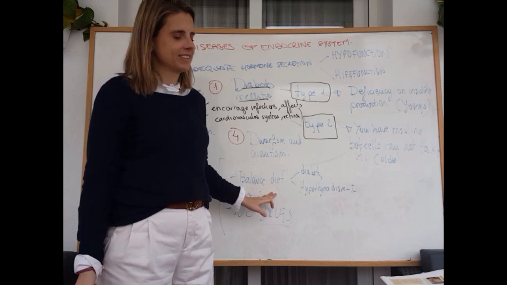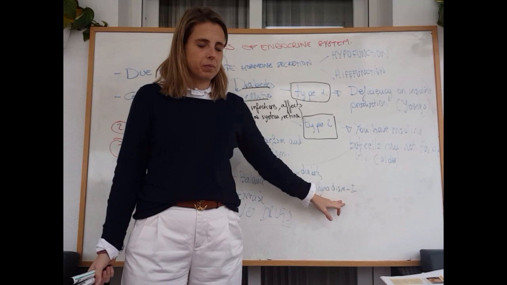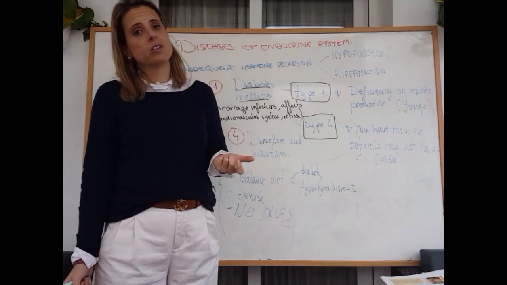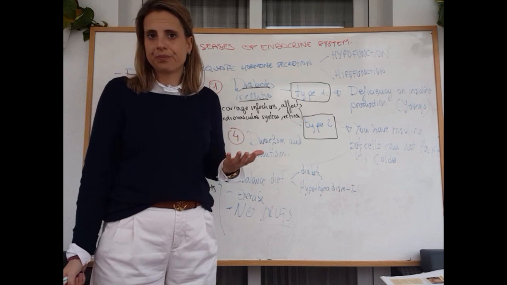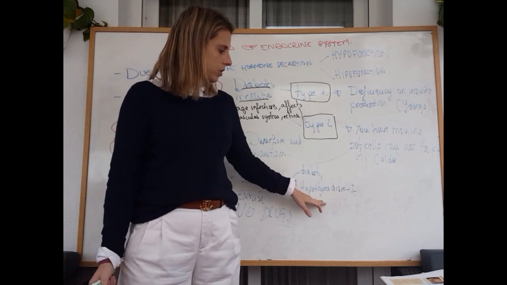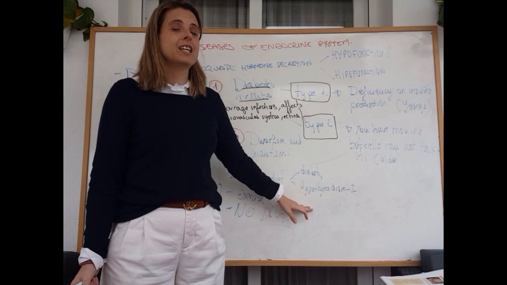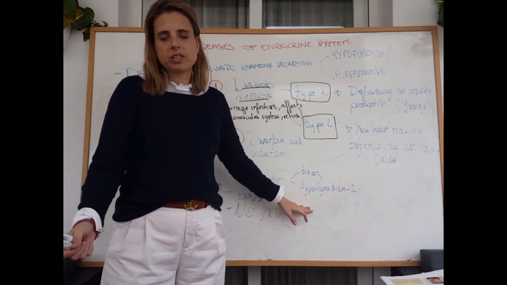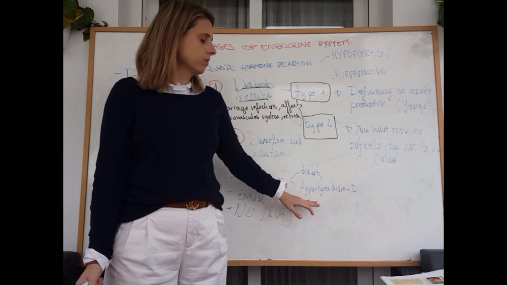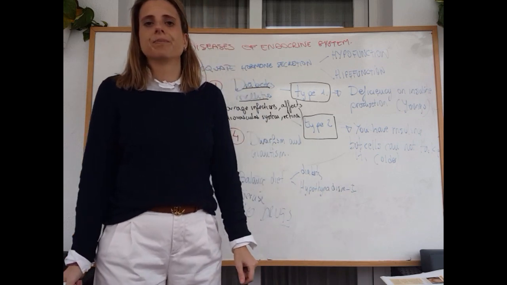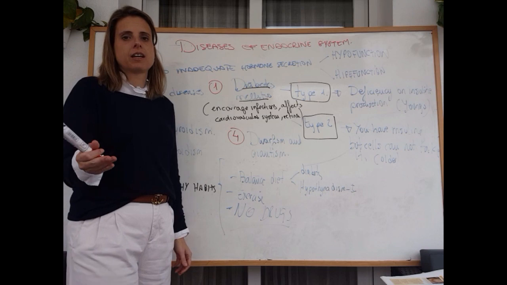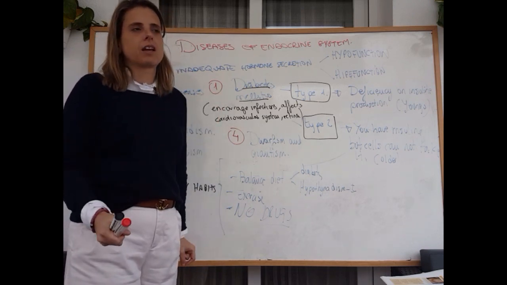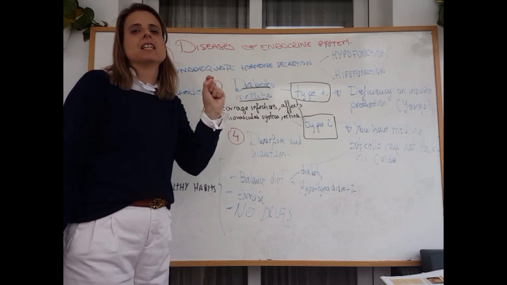For example, hypothyroidism has to do a lot with an ion that is iodine. So if you don't have enough of this ion, your thyroid is not going to work. So it's good to have iodine, sal yodada, iodized salt.